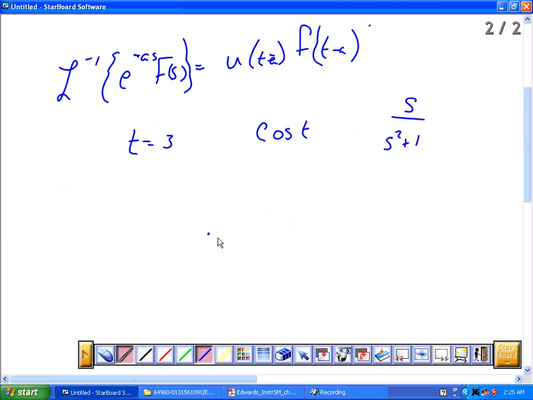So I would write it like this: e to the minus 3s times s over s squared plus 1. Okay? What would that do for me? It would be the cosine of t when t is bigger than or equal to 3. When t is less than 3, I would like it to be 0.